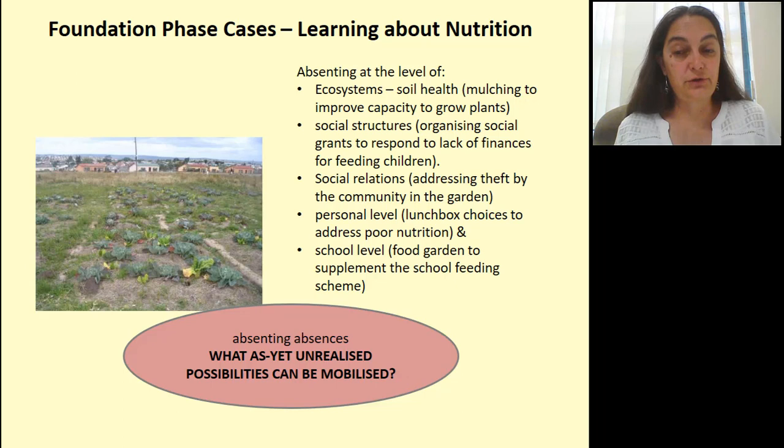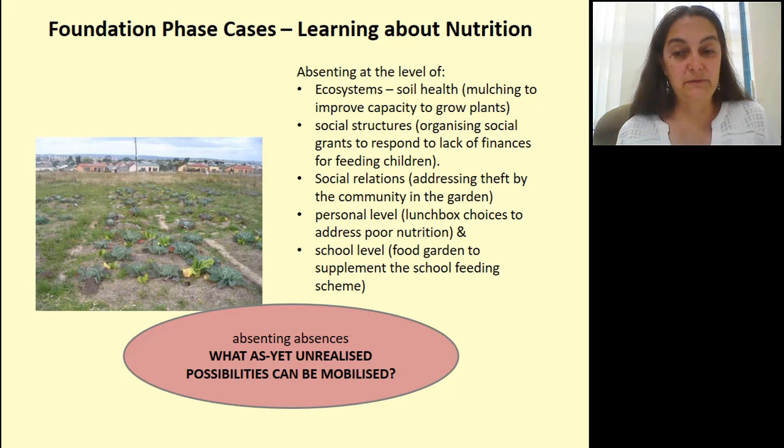They also looked at social structures. One of the teachers had to organize social grants for the three children who said they were not receiving any breakfast, and that was to respond to the lack of finances for feeding children in the homes. Another teacher had to deal with social relations, where she had to address theft by the community in the garden that she started.